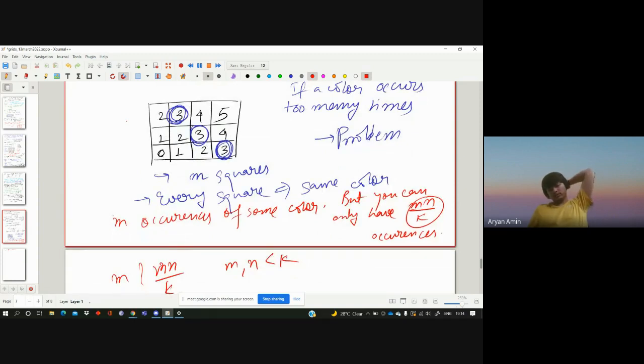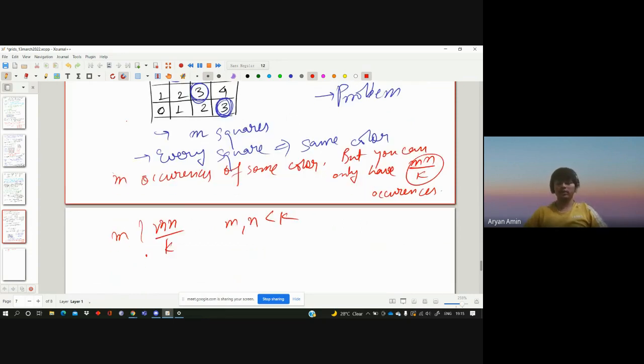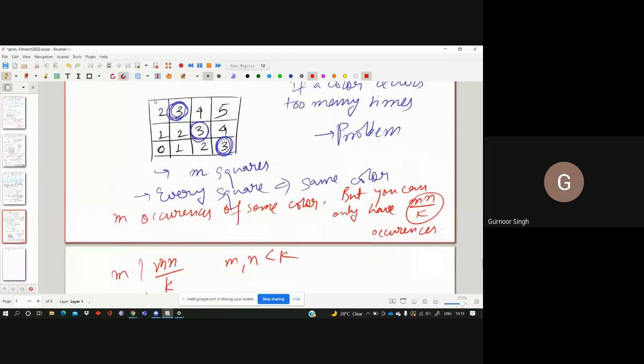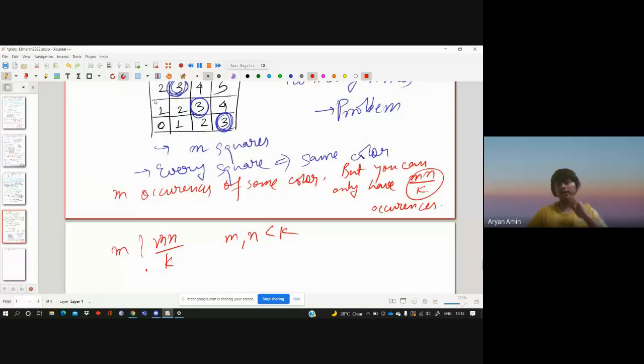So does anyone have any questions till this point? Just feel free to ask. No. Okay, so note that mn is less than k, right? So n by k is obviously less than 1. So mn by k is obviously less than m, right?